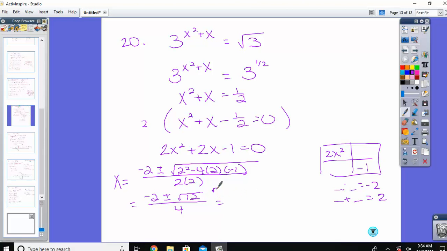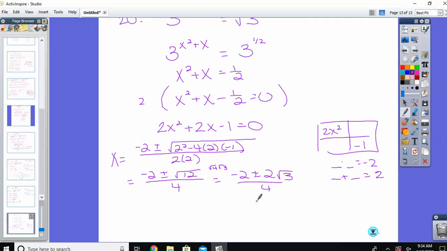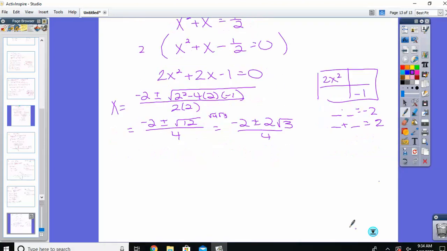I can break 12 up into a 4 and a 3. Divide everything by 2. So quadratic formula is always still an option.